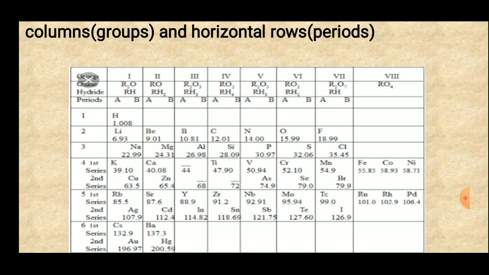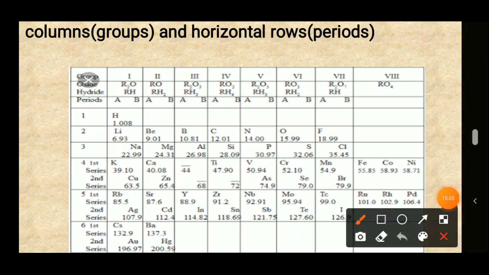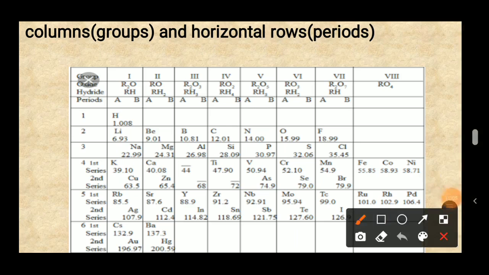A group is also divided into subgroups, A and B. So here you can see A and B subgroups are present. Vertical columns are called groups, and horizontal rows like this are called periods. Now this is the arrangement here. So how did we arrange it? In increasing order of atomic mass.